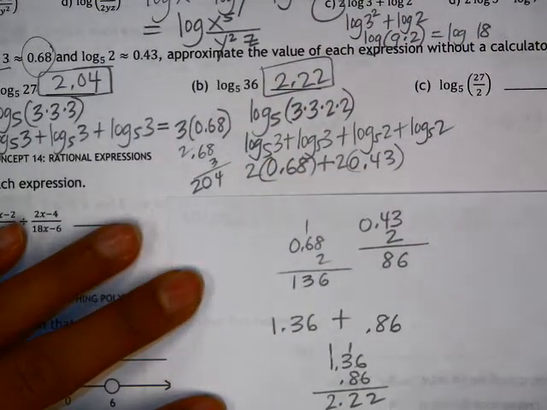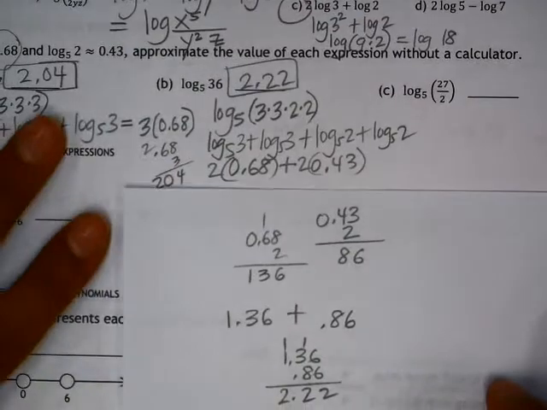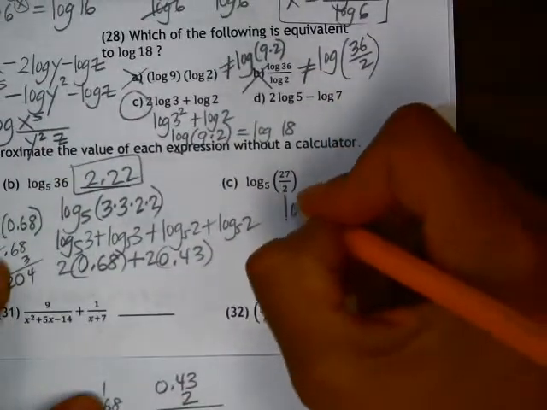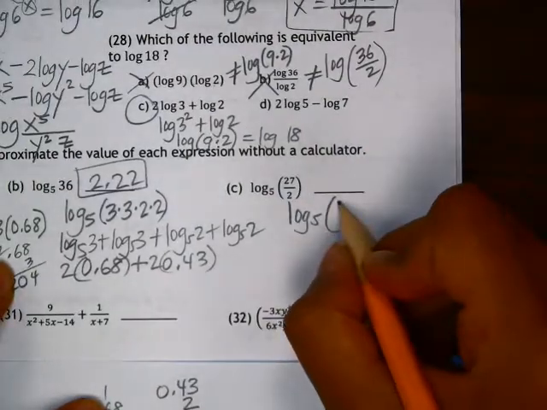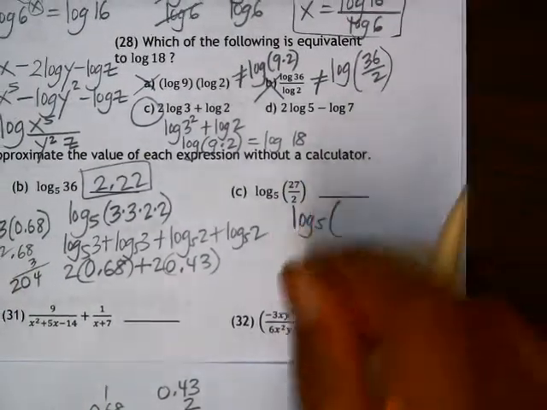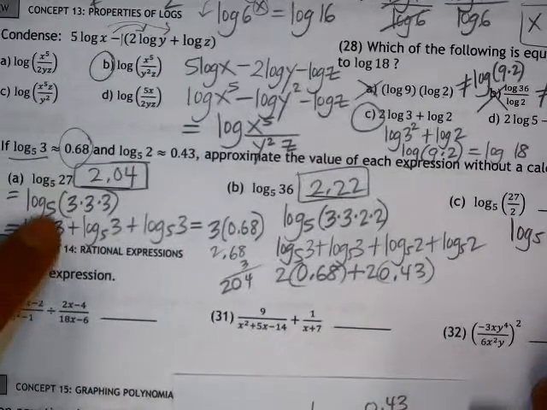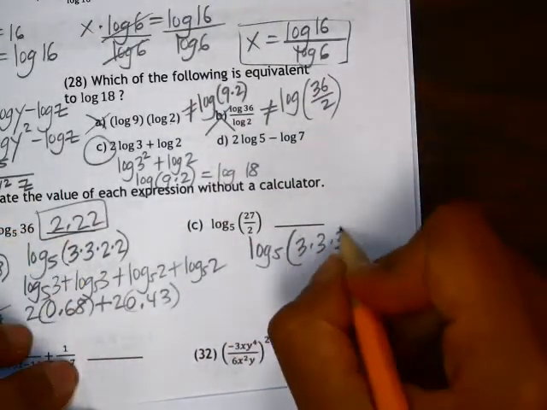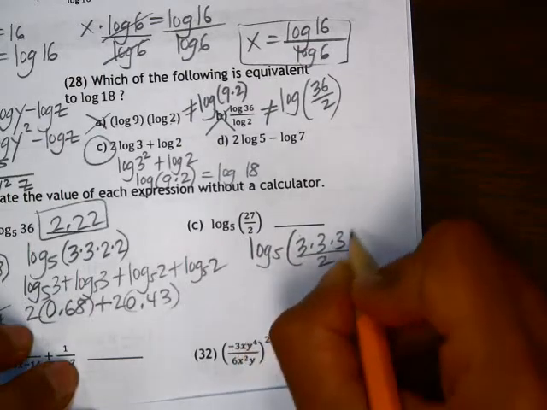All right, lastly, we have log of 27 over 2. So log 27 can be rewritten as 3 times 3 times 3, just like we did on part A. And the 2 is in the denominator.